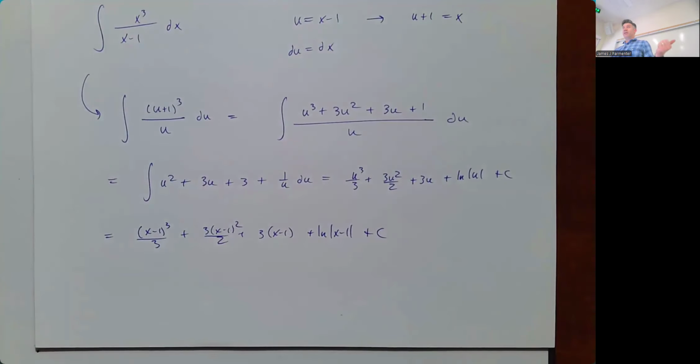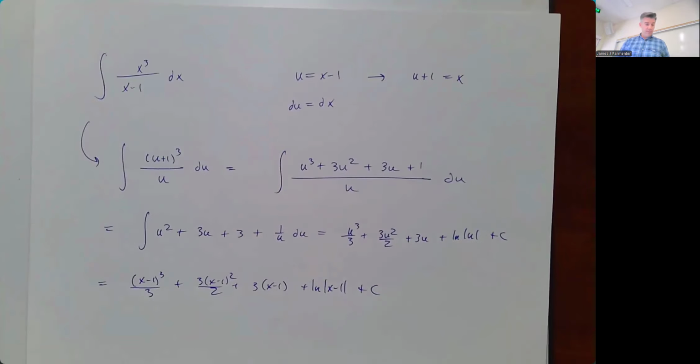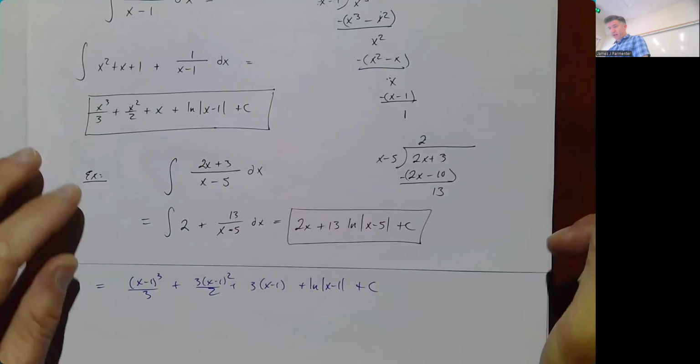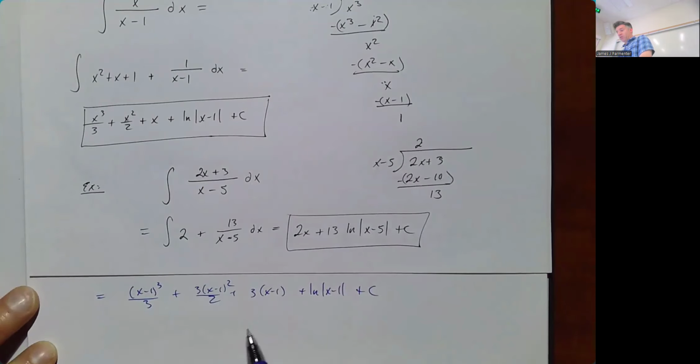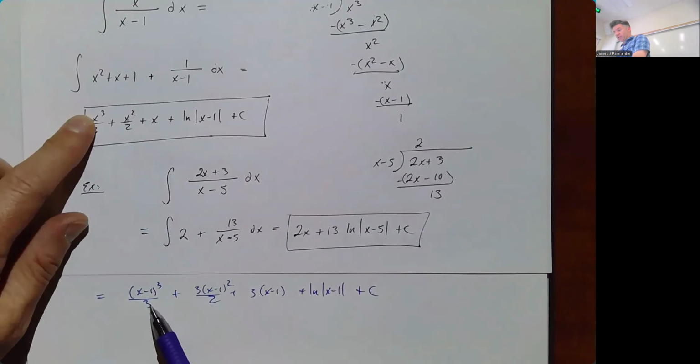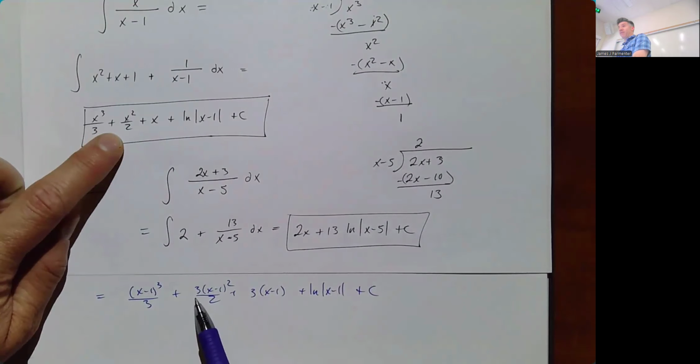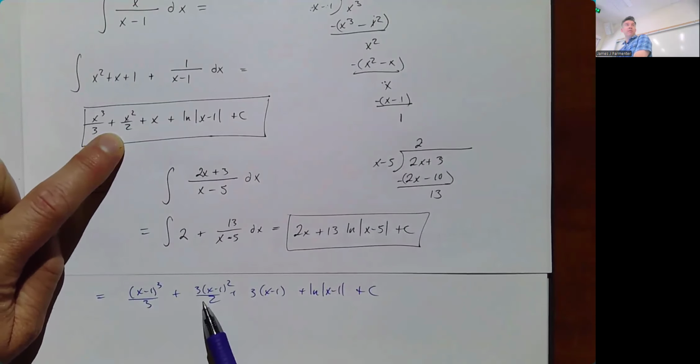Now, if you look at the other answer we got, this actually looks quite a bit different. I'll point out, here's the answer we got before. So if you actually multiplied all this out, you would get a 1/3 x cubed. You would get a 1/2 x squared because the coefficient of x squared here and the coefficient of x squared here would come out to be 1/2.